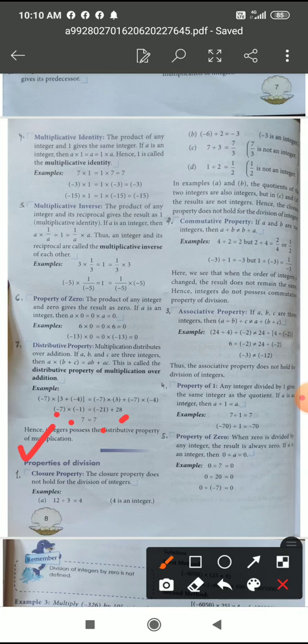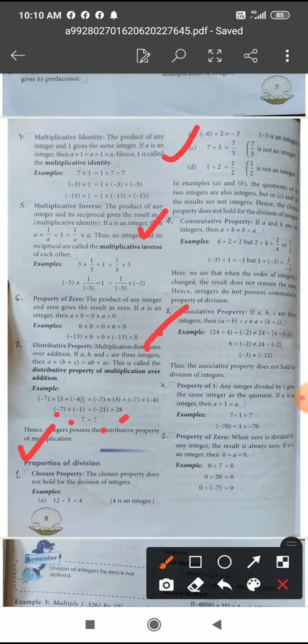It is an integer, but you see here 7 divided 3 equal to 7 by 3, which is not an integer. Here you see commutative property. Commutative property, we know a divided b not equal to b divided a. So 4 divided 2 equal to 2, but 2 divided 4 equal to 2 by 4, which is different.